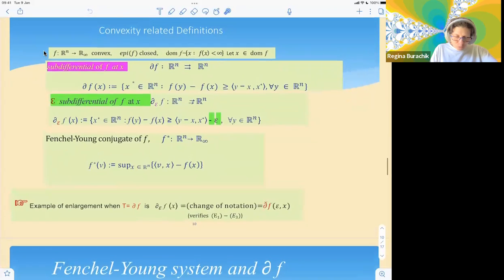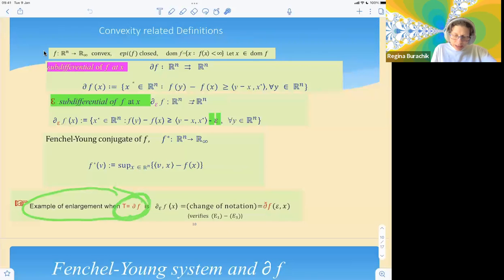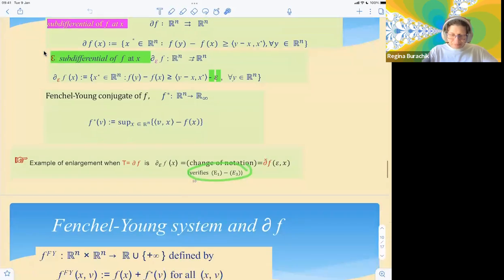Okay. And an example of an enlargement, for the case in which T is the subdifferential, is the epsilon subdifferential, also called the Bronsted-Rockafellar enlargement, which verifies very nicely all these three properties. In fact, all these three properties were constructed by looking at the properties of the epsilon subdifferential.